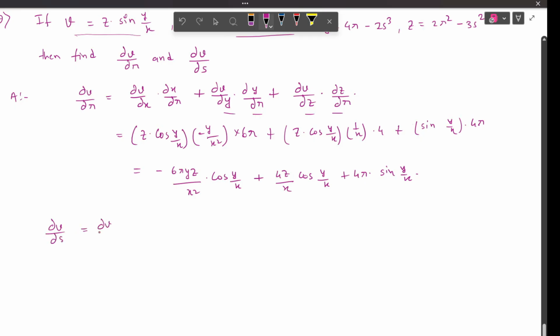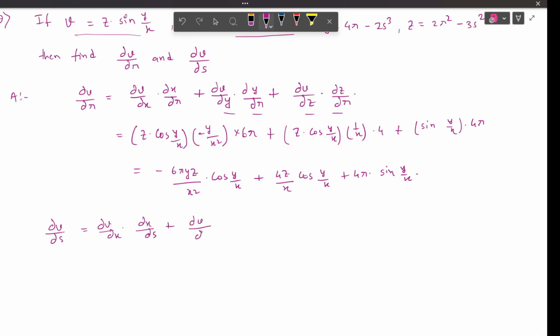So it will be del v upon del x into del x upon del s plus del v upon del y into del y upon del s plus del v upon del z into del z upon del s. So I think you know how to calculate this. I am writing it here.